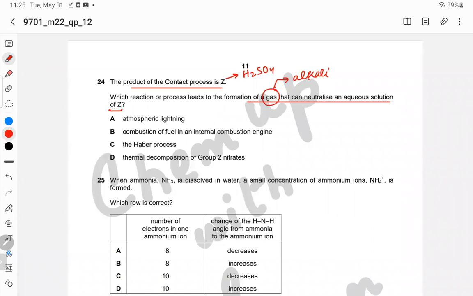So if we talk about atmospheric lightning, in atmospheric lightning, if you recall, nitrogen reacts with oxygen to form NO, and NO is an acidic gas. So it cannot react with Z. So A is incorrect because Z is an acid. So this gas must be alkaline or basic. Is this understandable to everyone?